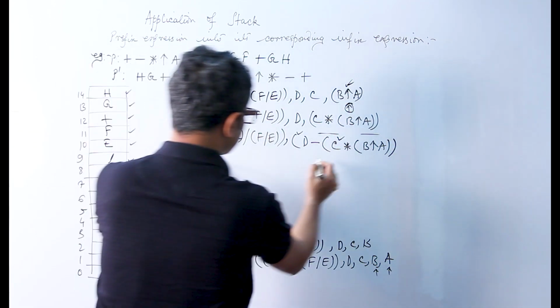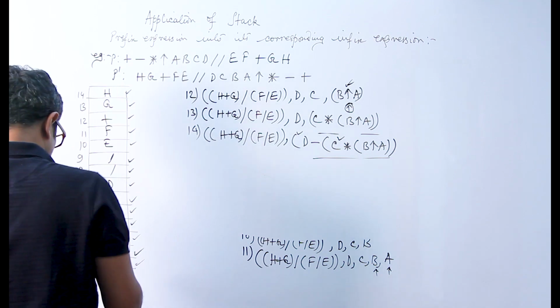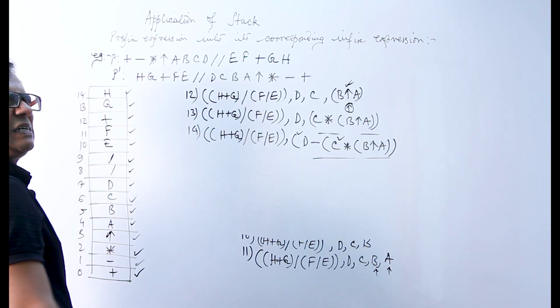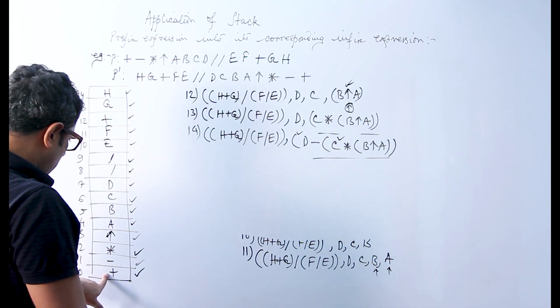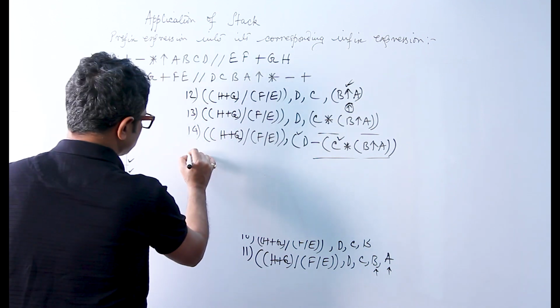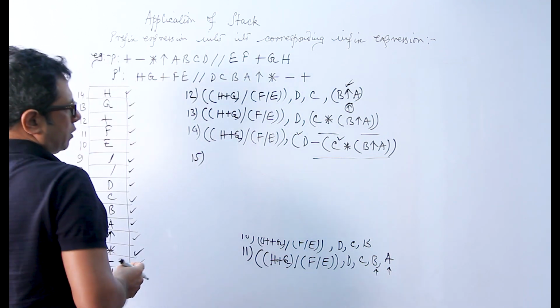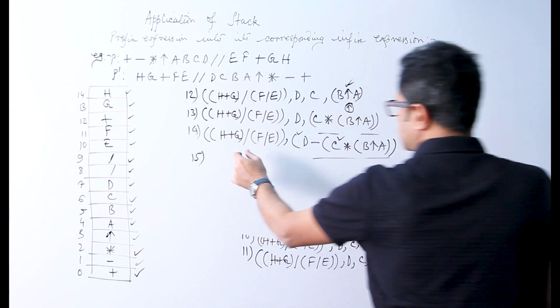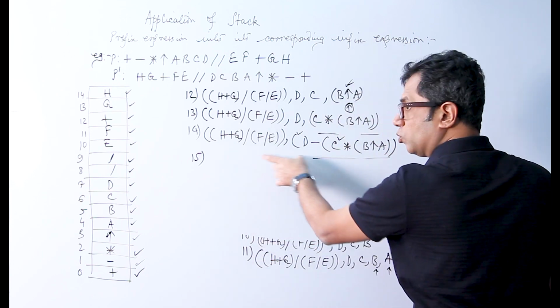So now the topmost element is this one, and we see that we have encountered a plus operator, and we will perform the addition operation between these top two elements.